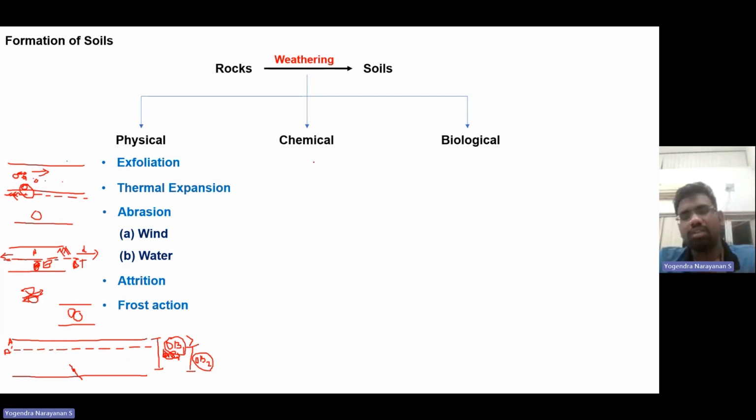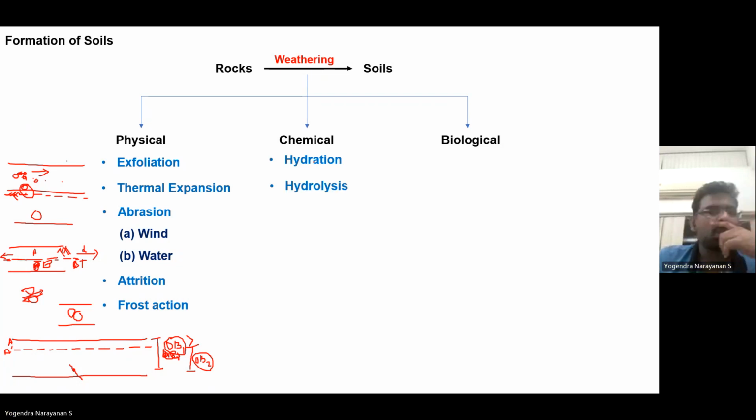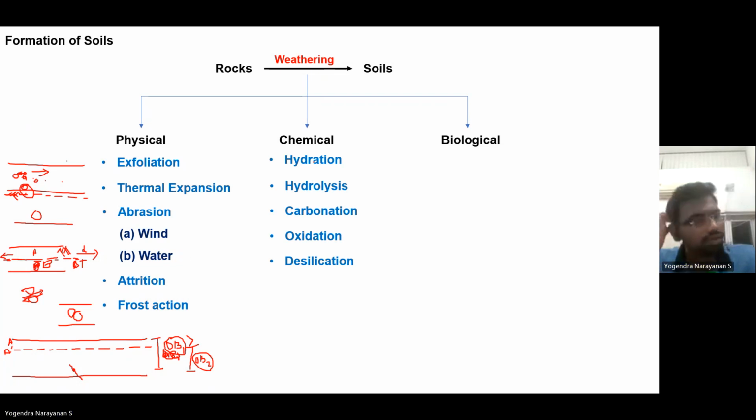Now coming to chemical weathering: first is hydration, second is hydrolysis, third is carbonation, fourth one is oxidation, fifth one is desilication.